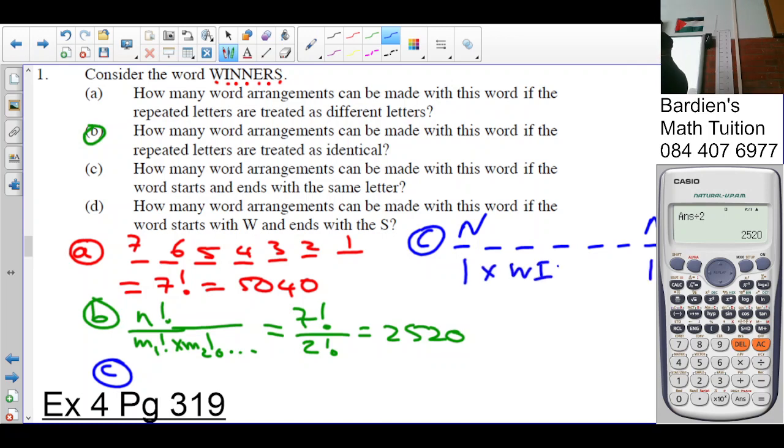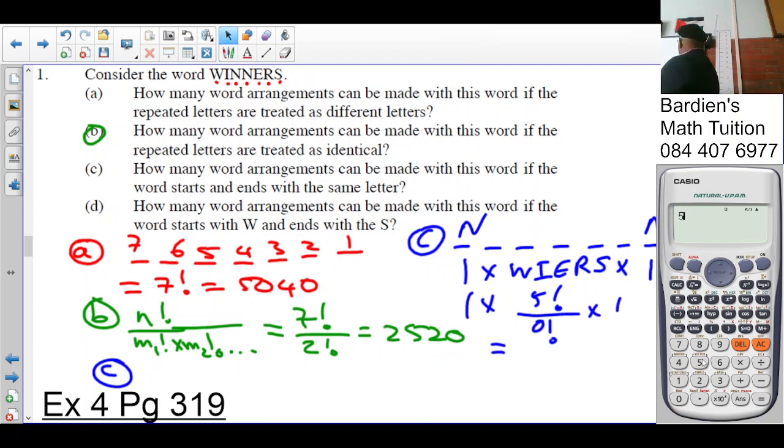W, I, E, R, S. Alright. So it's going to be 1 times. How many letters are here? 1, 2, 3, 4, 5. So it's going to be 5 factorial over. How many repeated letters? 0. 0 factorial times 1. So that's going to give you 5 factorial. 120.